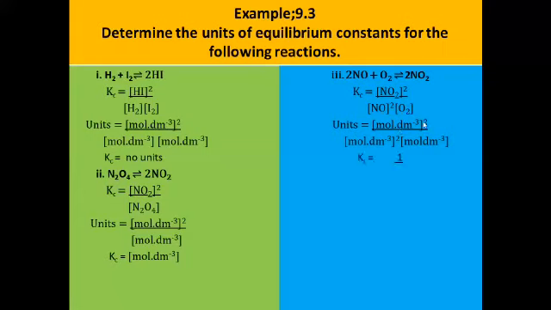When we take this mole per decimeter cube up, mole with positive 1 converts into mole to the power negative 1, and then negative decimeter cube converts into positive decimeter cube. Positive becomes negative and negative becomes positive. So per mole decimeter cube will be the unit for this reaction.